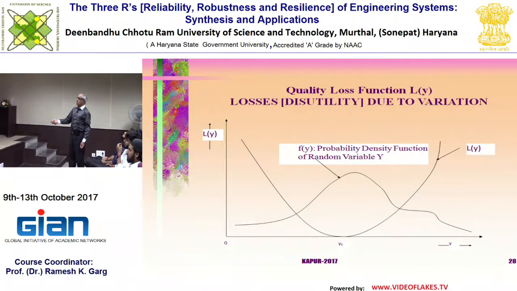The reality is that you could develop a disutility function. If this is my target, then the more I move away from the target, the worse off quality is. So I could develop a disutility function, how unhappy I am with the product, and then evaluate quality over the whole distribution.